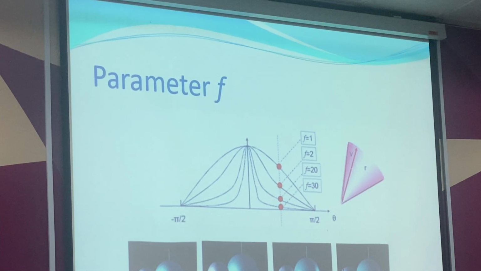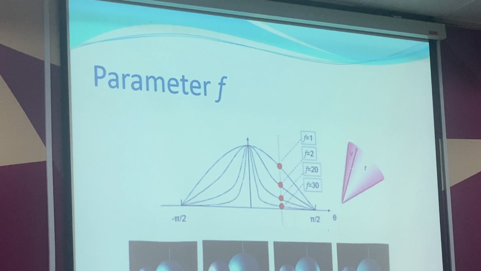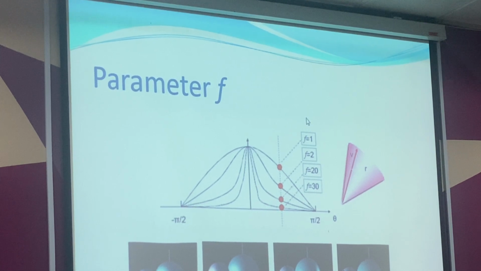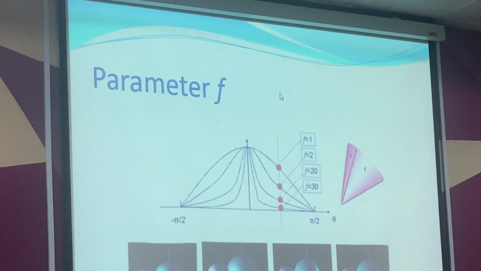When your f comes to 50, your specular light is now not so high, the reflection is not so high anymore. So this is the f value for the specular light that you adjust between your R and your V here.